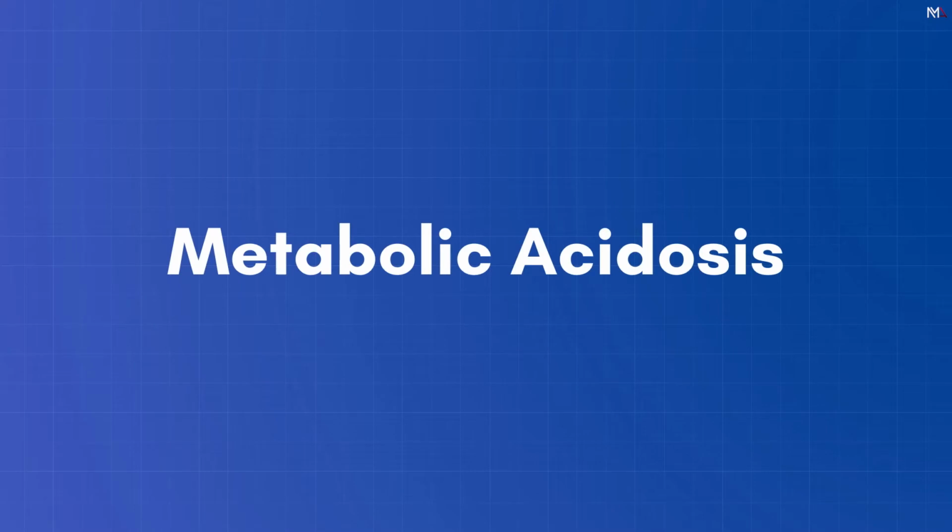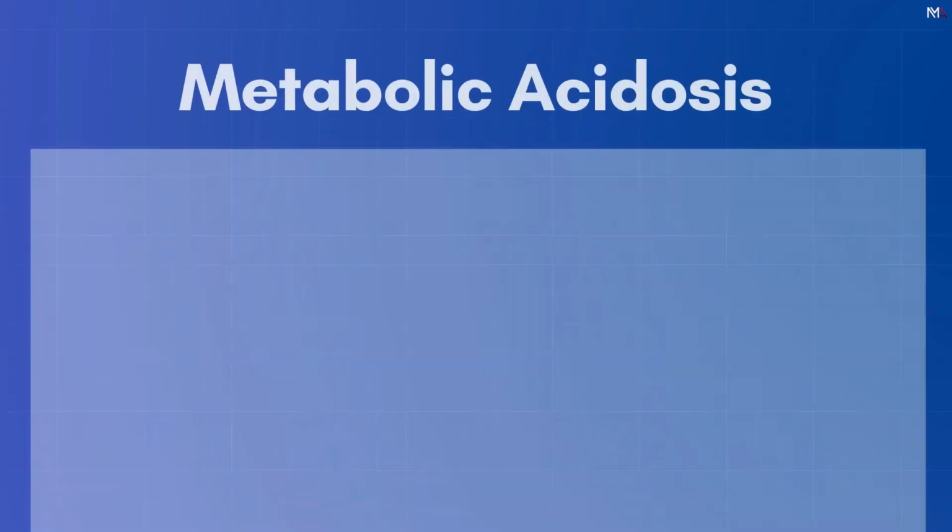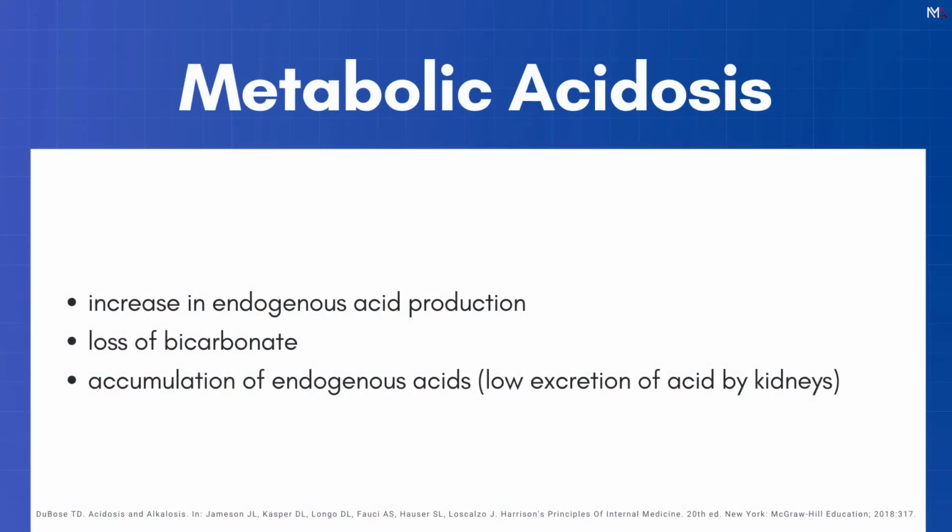So now I will discuss the general types of acid-base disturbances, starting with metabolic acidosis. Metabolic acidosis may be due to an increase in endogenous acid production, loss of bicarbonate, or accumulation of endogenous acids due to inappropriately low excretion of net acid by the kidneys.